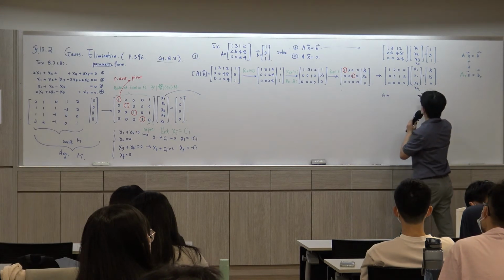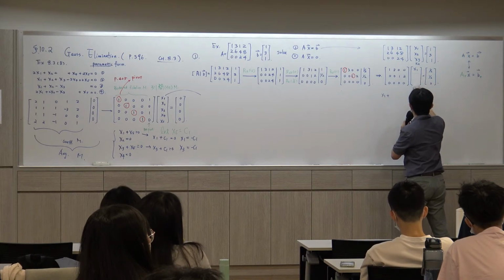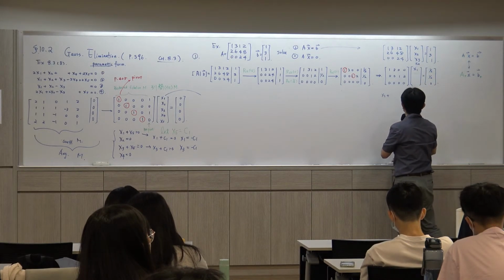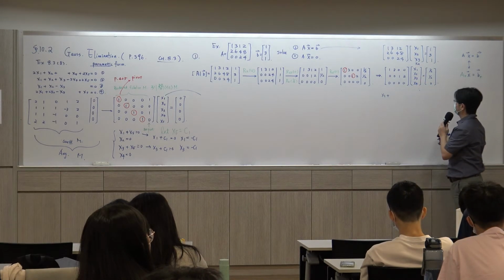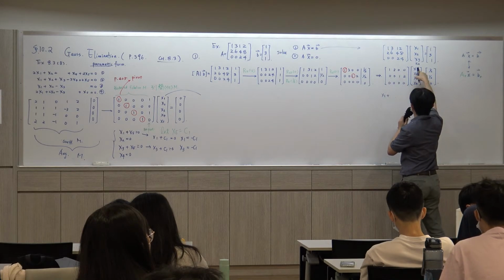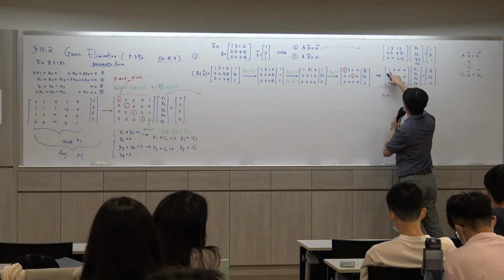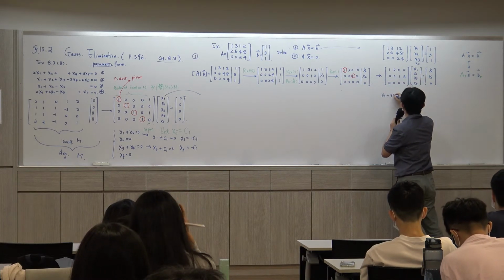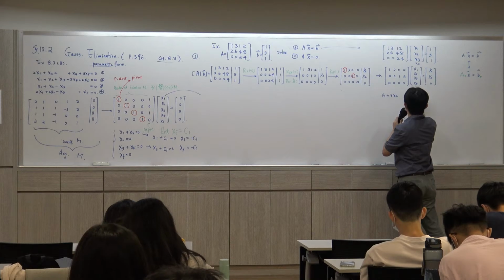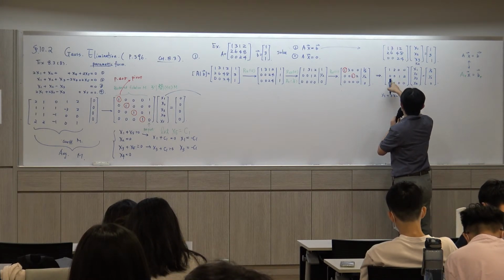So 1 times S1 plus 3 times S2 equals 1/2.